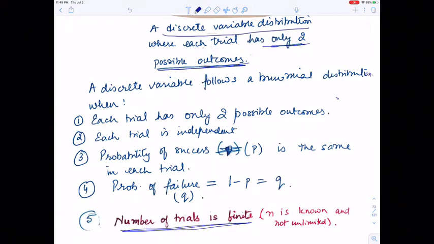It is a discrete variable. So let's say we toss a fair coin ten times.